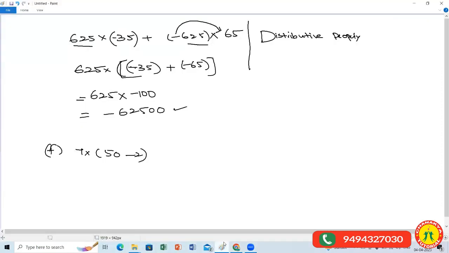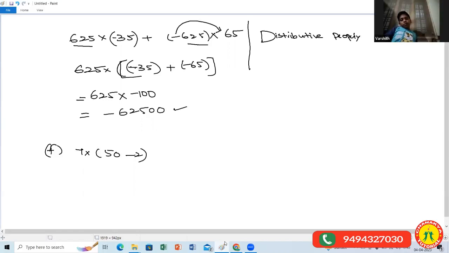Bracket is there, which property? Who will say? What is the property we can use here? Associative. Who said associative? Ma'am, Varshit.